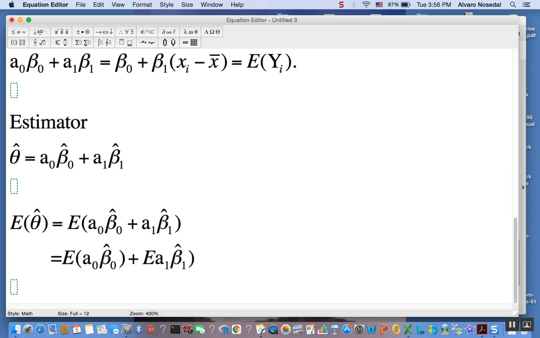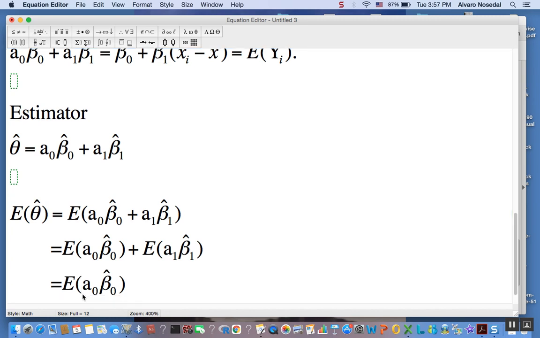And then we have a constant times a random variable, so we get to factor out that constant. Let's factor out that a0 and that a1.